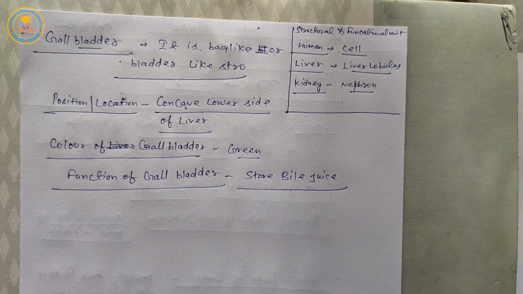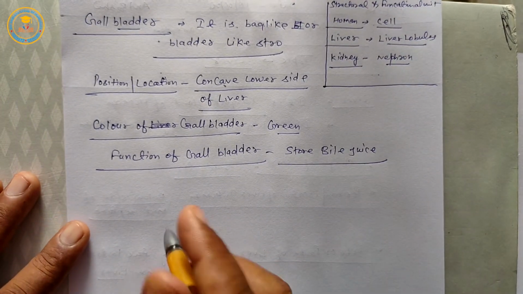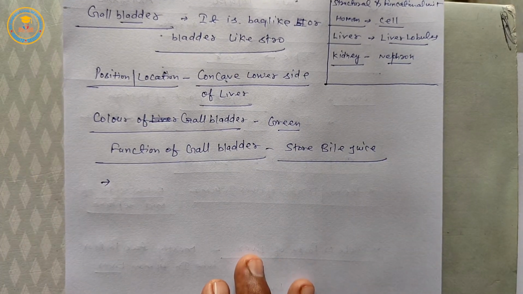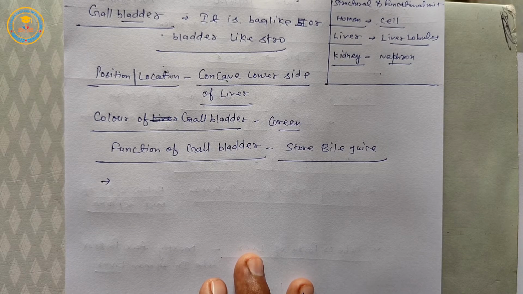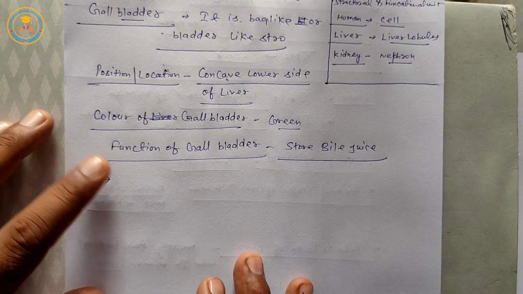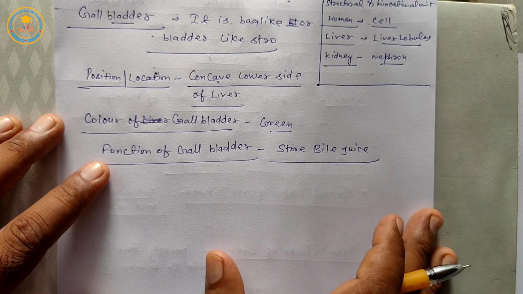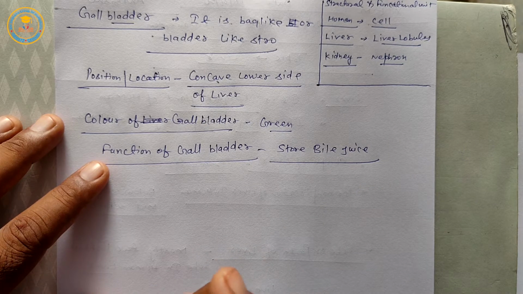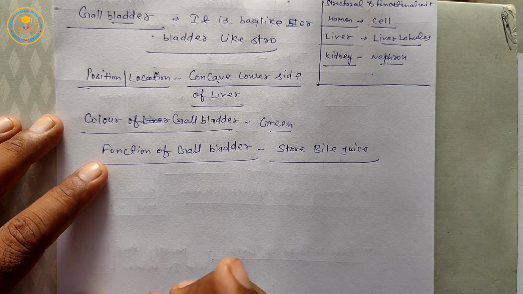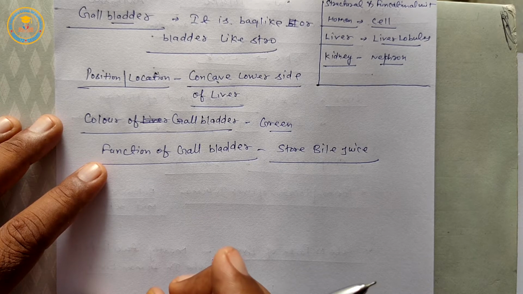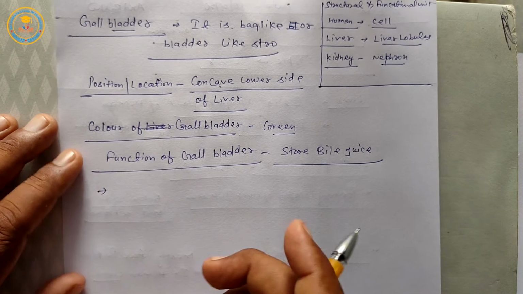Next, the liver has some specific ducts, like hepatic duct and bile duct.